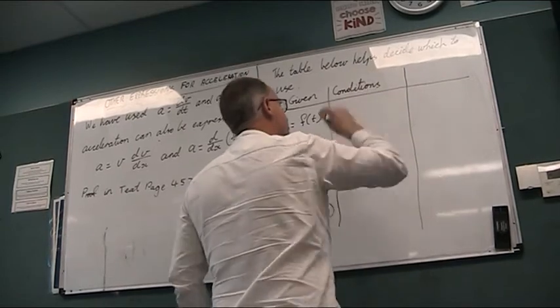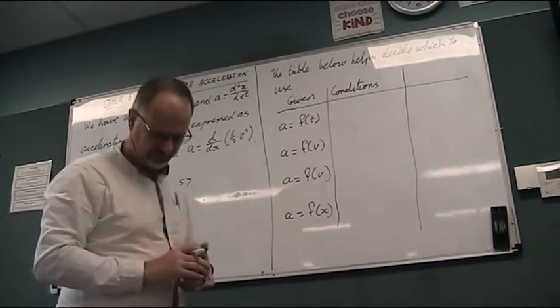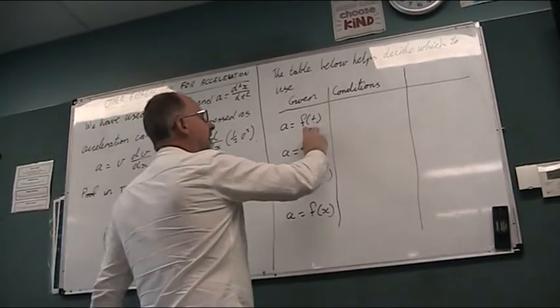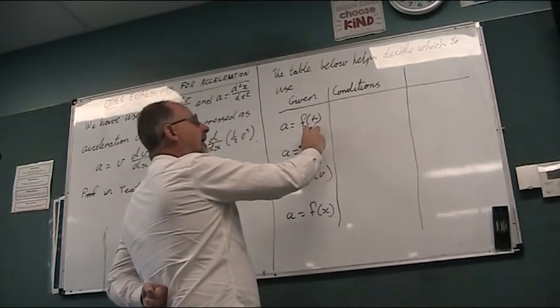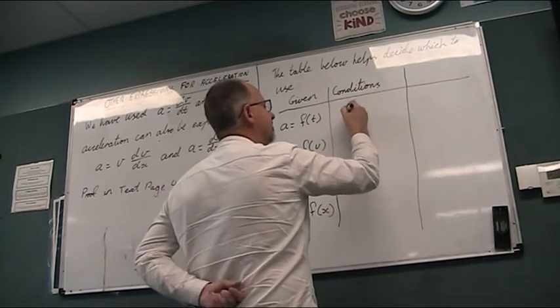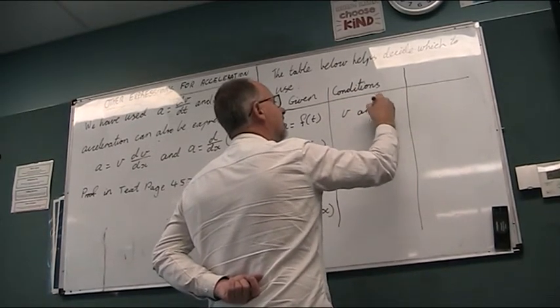So, the conditions would be like at time equals whatever, velocity would be whatever. If we've got the acceleration as a function of time, the conditions would be given velocity and time.